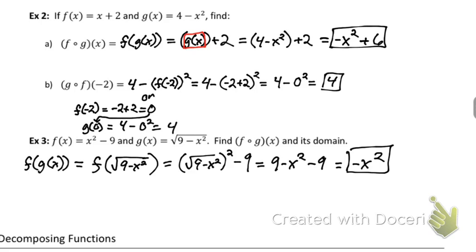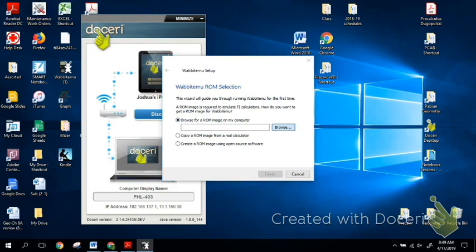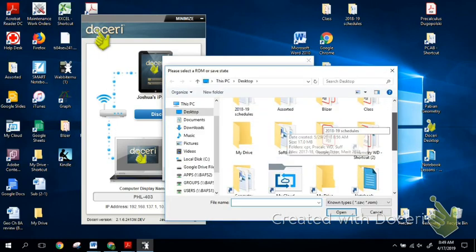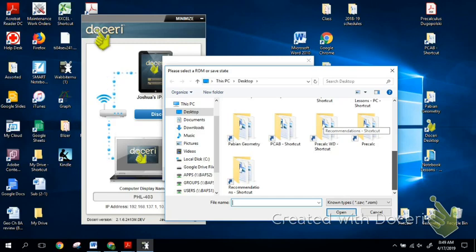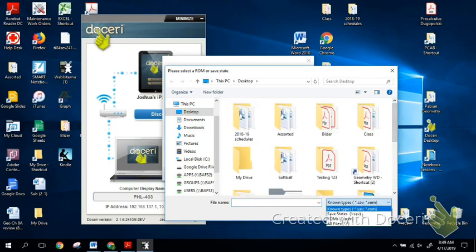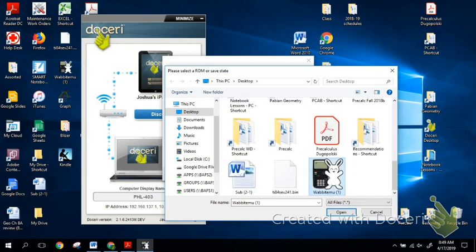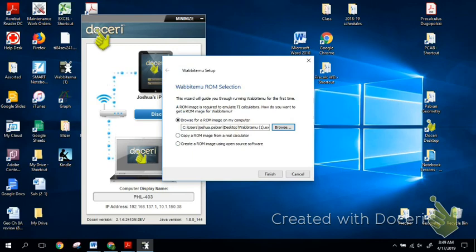Yeah. What I want you to do now is take out your calculator. I want you to graph both of those equations, because I don't think my calculator's working. Maybe I can get it to work. I want you to graph that square root of 9 minus x squared, squared, minus 9, and then go ahead and hit graph.